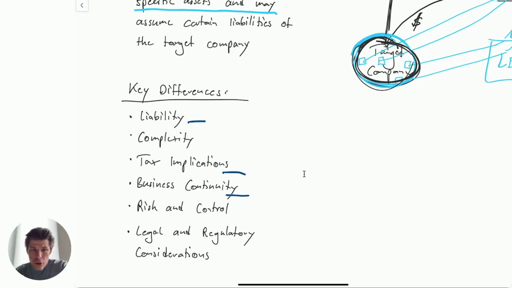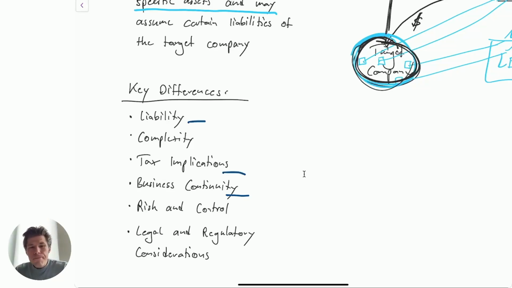Legal and regulatory considerations. Usually a share deal requires shareholder approval from the seller and may be subject to certain securities laws. And also regulatory filings may be necessary if the transaction exceeds certain thresholds or involves sensitive industries. Antitrust law is quite important in those share deals.